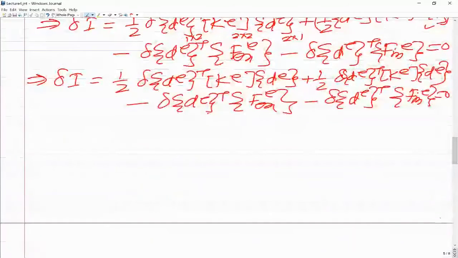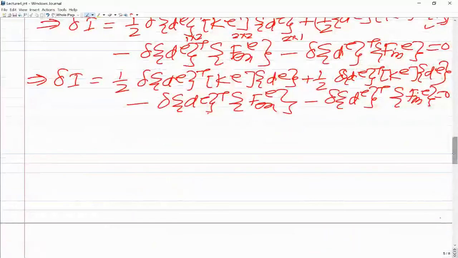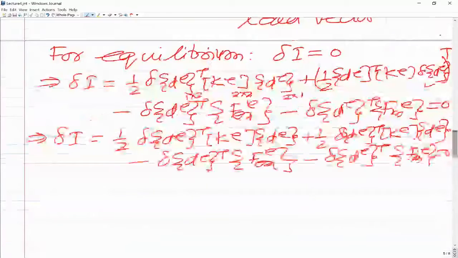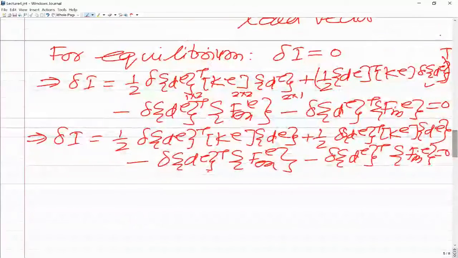Sir, how will there be a whole transpose on the second term? Yeah, because it is a scalar. Finally, you see the whole multiplication is giving you 1 by 1, so that means it is a scalar. A scalar can always be written as its transpose. It is one and the same thing.